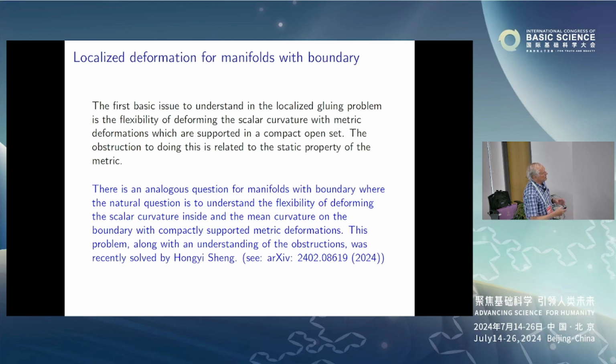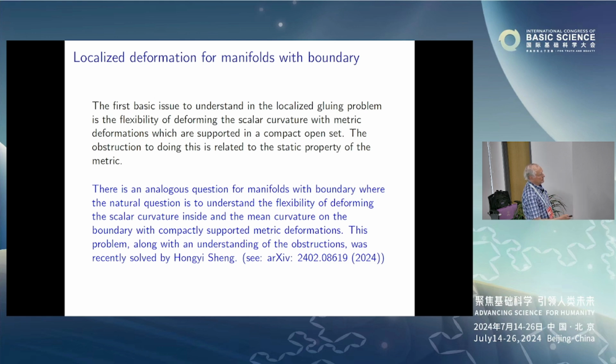So there's an analogous question for manifolds with boundary. Remember, a lot of interesting spacetimes have boundaries, which are, for example, horizons, MOTS, and things like that. And so there's another rather natural local deformation question, which is the problem of understanding the flexibility of deforming.